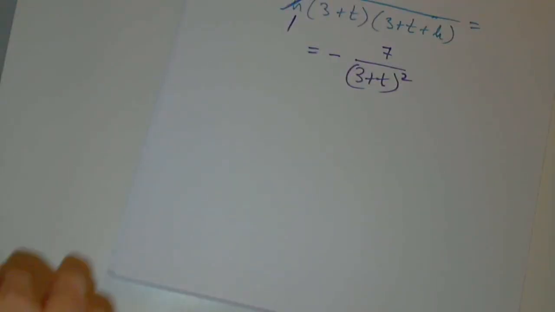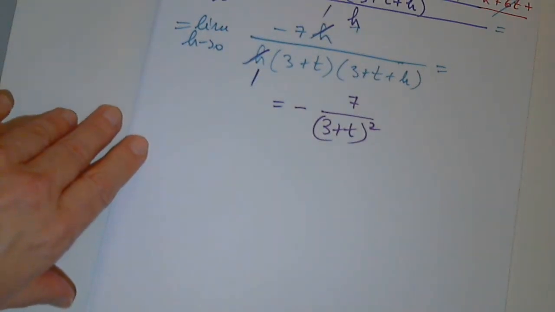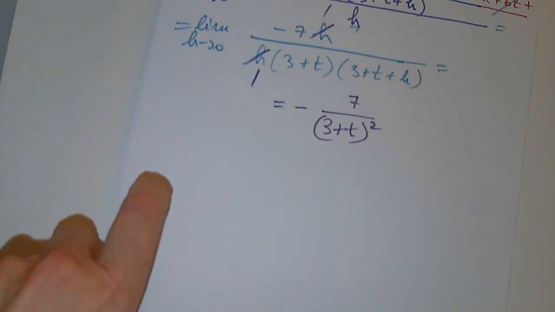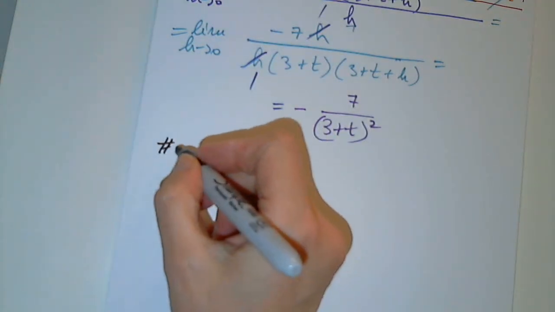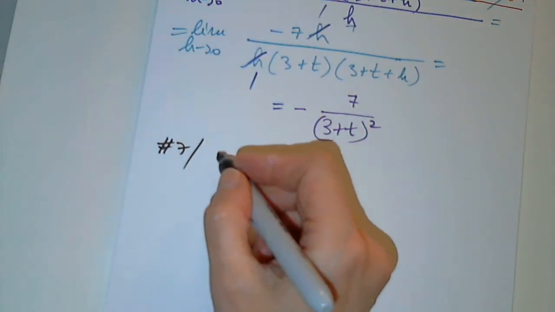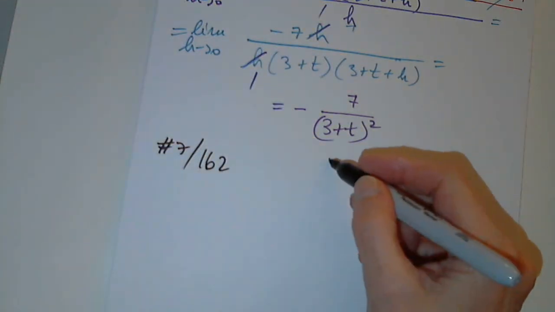So let's choose number 7. It's an approximate graph, it's not going to be an exact one. Number 7 on page 162. And here's the graph of 7.